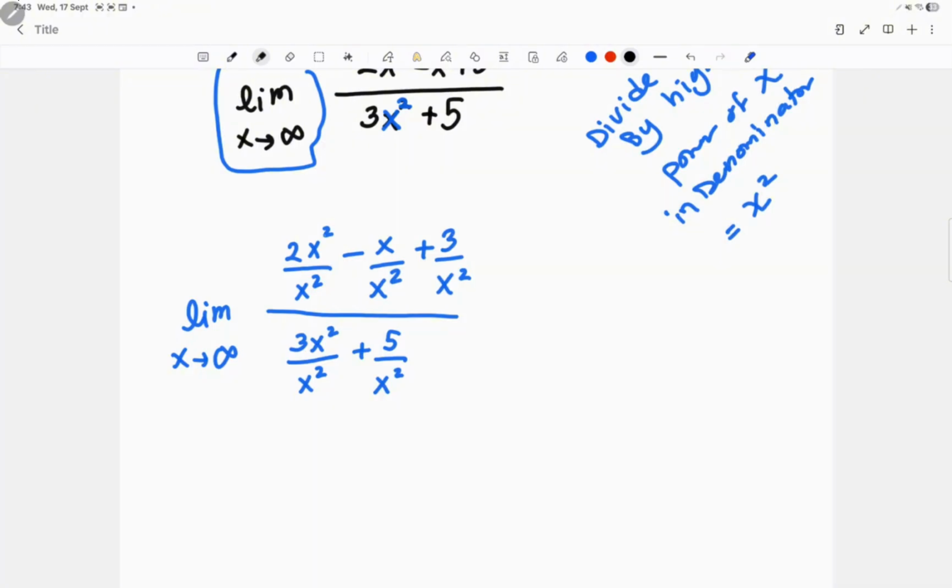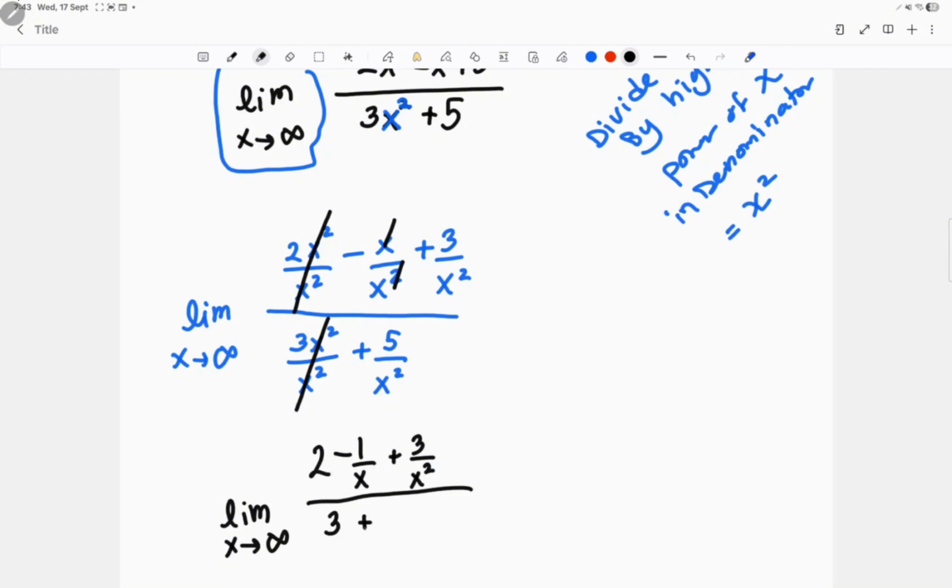No, look. Cancel the x squared with the x squared, and the same happens here. So you're going to have the limit of x approaching infinity of 2 minus 1 over x plus 3 over x squared, over 3 plus 5 over x squared.